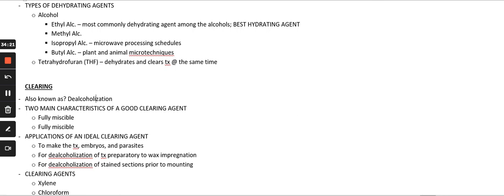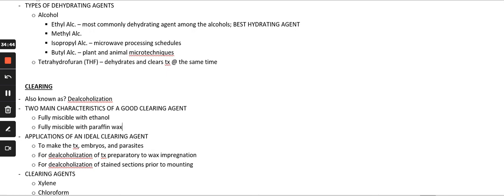Now, there are two main characteristics of a good clearing agent that you should look into. The first one, it must be fully miscible with your ethanol, or your dehydrating agent. And the second one, it must be fully miscible with paraffin wax.